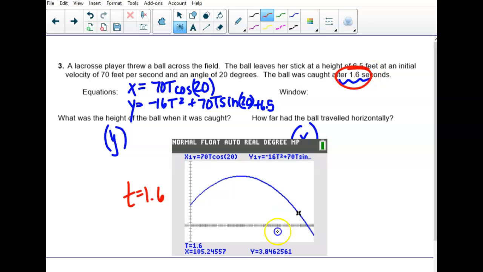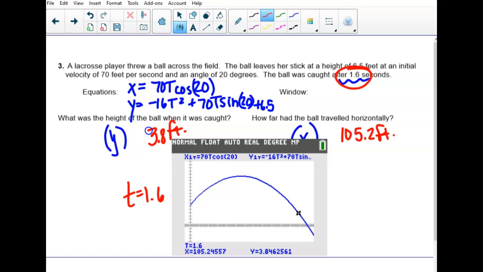After 1.6 seconds, how far had the ball traveled? Is anybody awake out there? Which one's distance away and which one's height? X is distance away, so it had traveled about 105 plus feet. And the height of the ball when it was caught was about 3.8 feet.